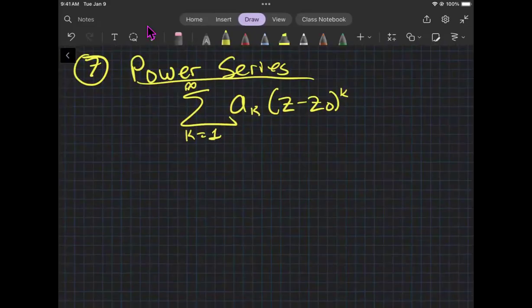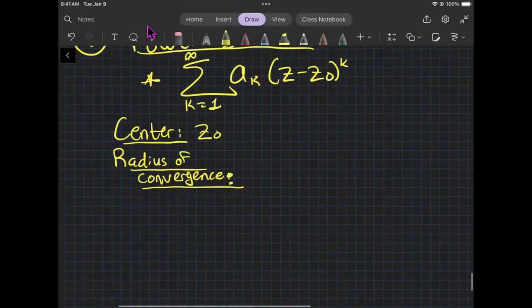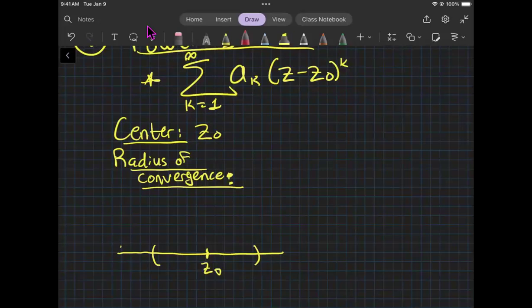So this is what a power series looks like. So we'll have a center of a power series, and it's at z naught, and we'll have a radius of convergence. So as you recall, in single variable calculus, the radius of convergence would be a distance on the number line, right? And then z naught as the center will be a point on that number line.